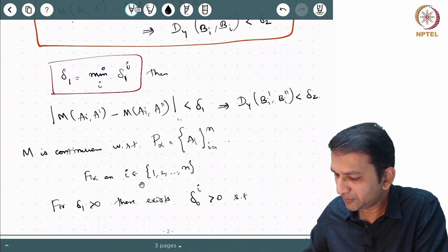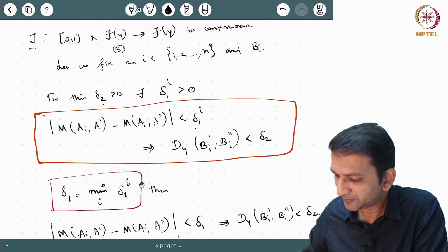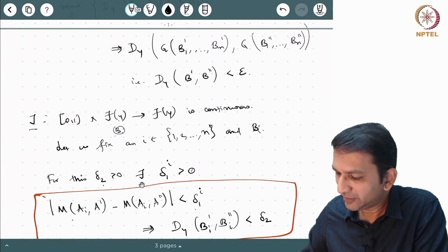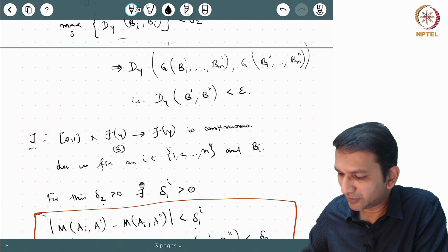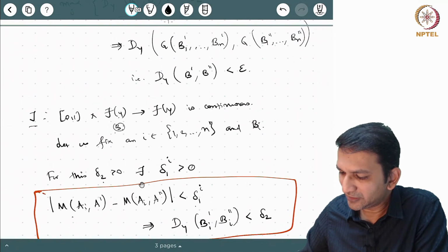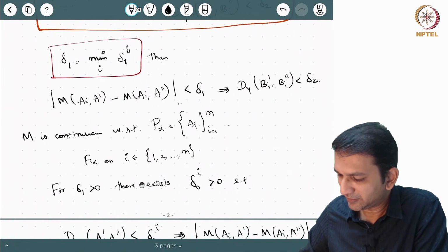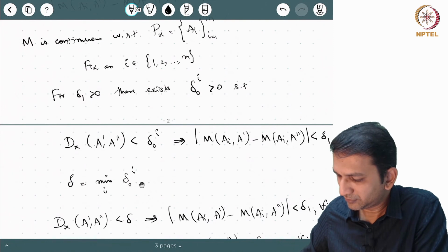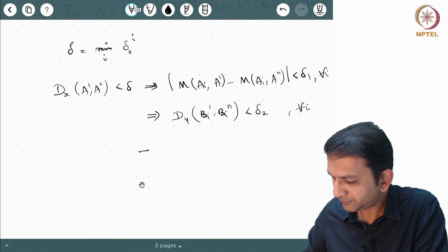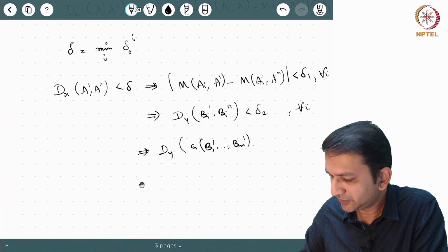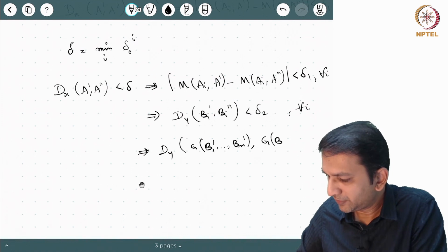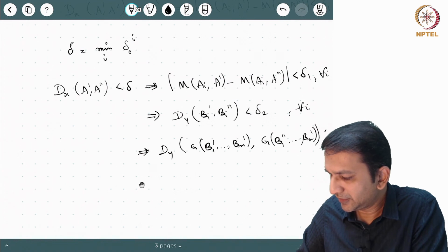Now retracing this step back, when this happens, we know that from here the max of them will also, for every i, be true. That implies dy of g(b1', ..., bn'), g(b1'', ..., bn'') is less than epsilon.